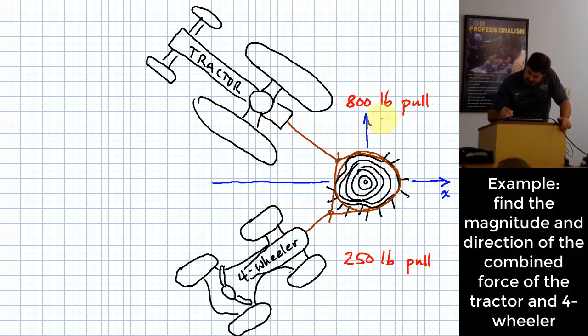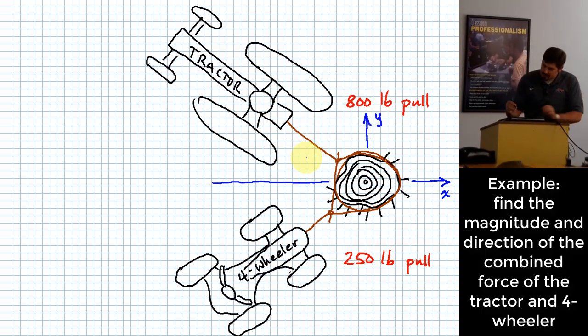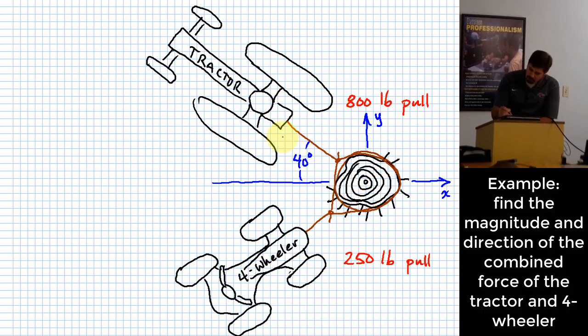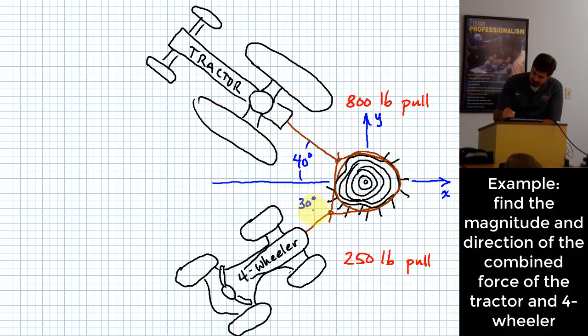Okay, so let's say that we establish this as the coordinate system, where this is x and this is y. And let's say that we also know the angles that are associated here. Let's say that this one here is a 40-degree angle. And even though it may not look like it's perfectly drawn to scale, let's say that this one down here is a 30-degree angle.